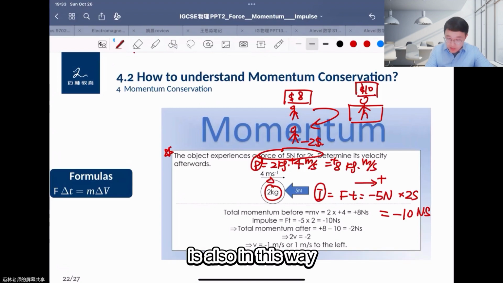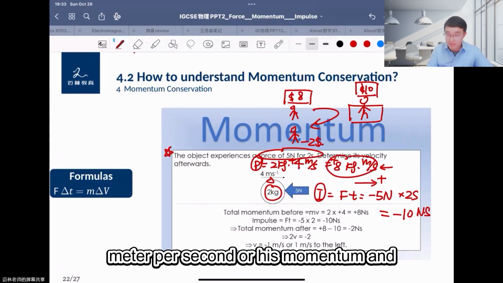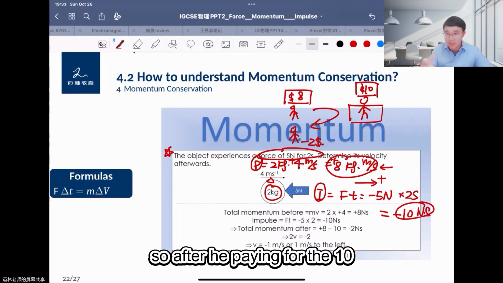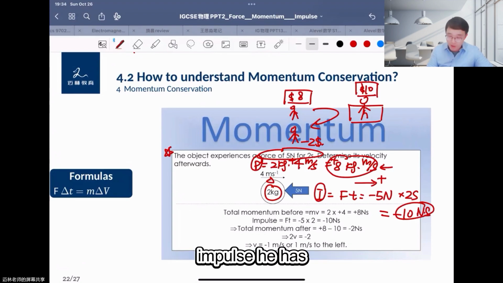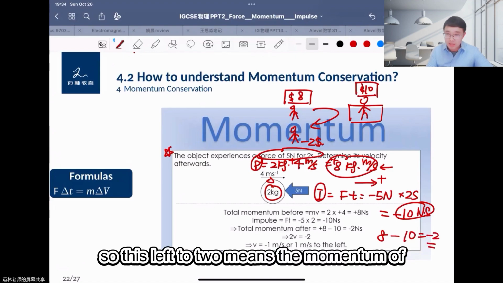So we can say it's also in this way. When the ball first has positive 8 kilogram meter per second of momentum, and the force gives it a negative 10. So after paying the 10 impulse, it has negative 2 left, right? This left negative 2 means the momentum of the ball.